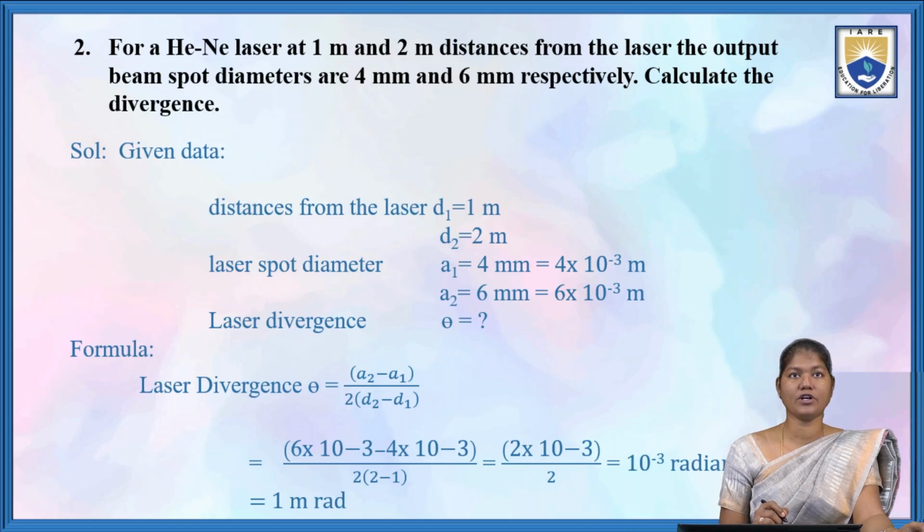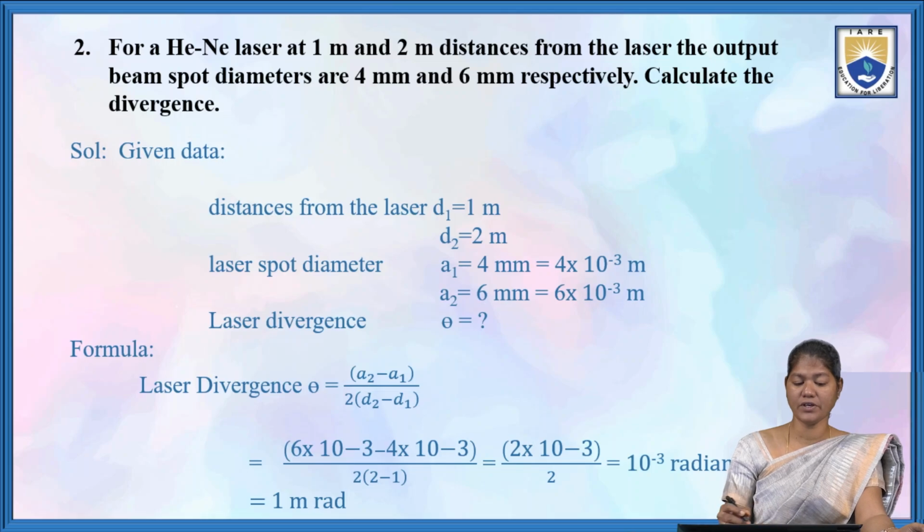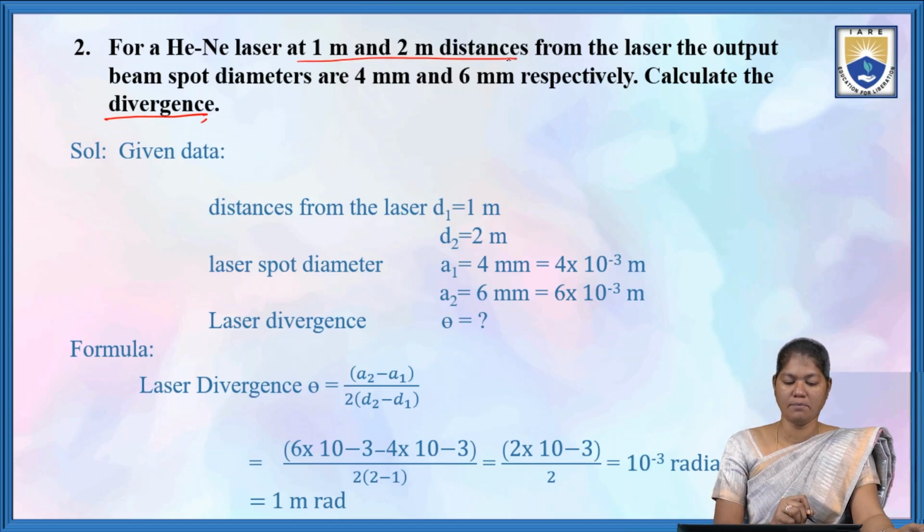Next problem: for a helium neon laser at 1 meter and 2 meter distances from the laser, the output beam spot diameters are 4 millimeters and 6 millimeters respectively. Calculate the divergence. The given data are distances from the laser.